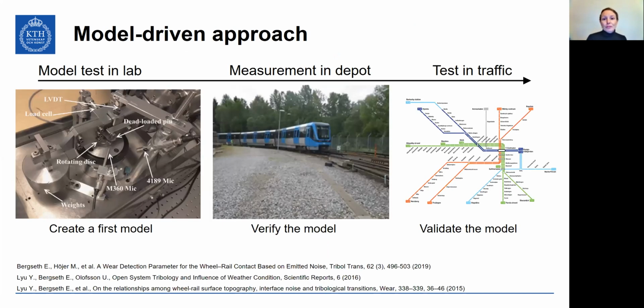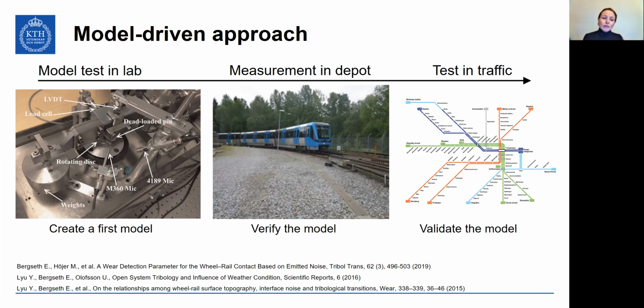So this model-driven approach, first, the step is to create a model. And in my field, tribology, we mainly do lots of experimental testing, but we also do simulations. But first, create a model, basically.